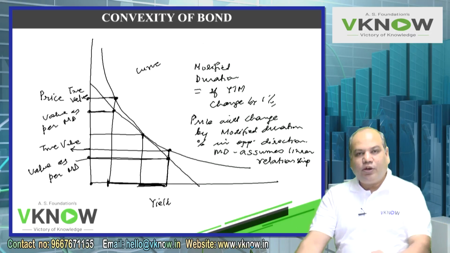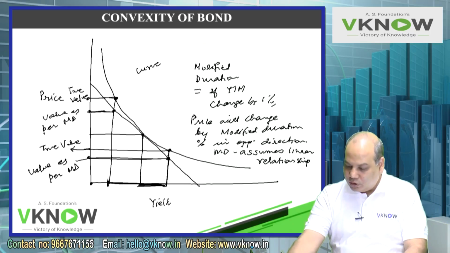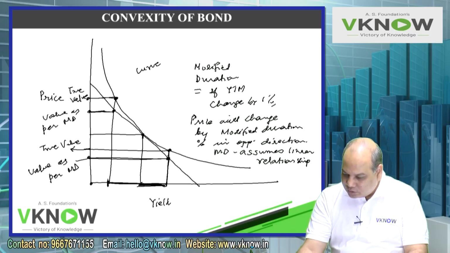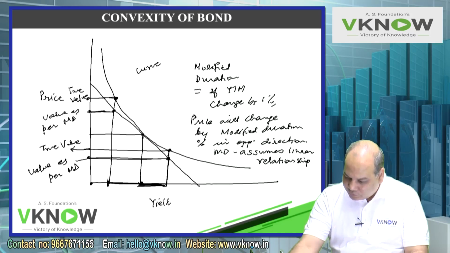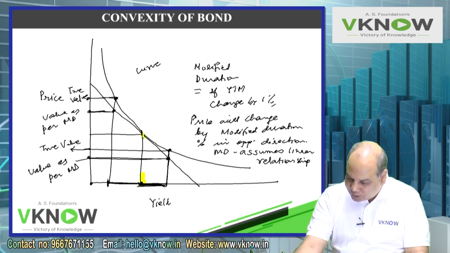So that means modified duration does not give us the true value change. It will only help you when the change is very small. When the change is very small, say for example, right now it is 10%, from 10.05%, 10.01%, a very small change, the gap will not be much. For a very small change, like 0.1, 0.2, the gap between these two lines will not be much.